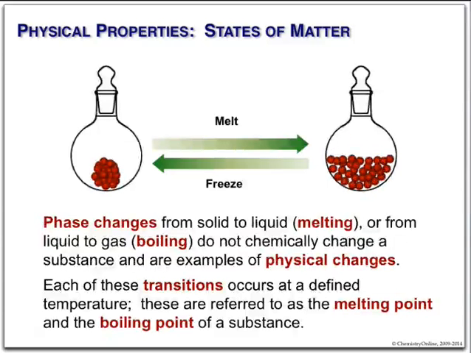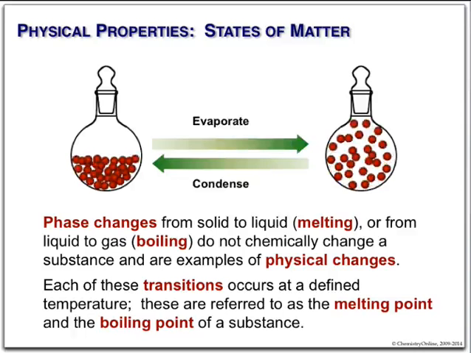Phase changes. If we have a solid, we can put in energy and melt it and make a liquid. If we have a liquid, we can take energy out of our substance, freeze it, and convert it back into a solid. We have melting for this process, freezing here. Boiling, we go from the liquid phase to the gas phase.